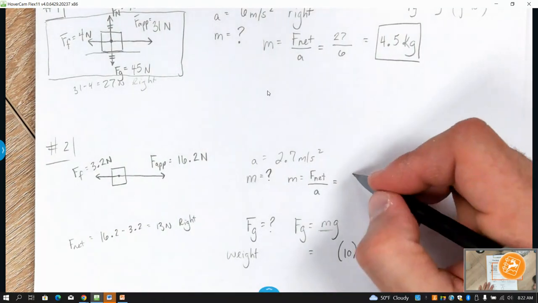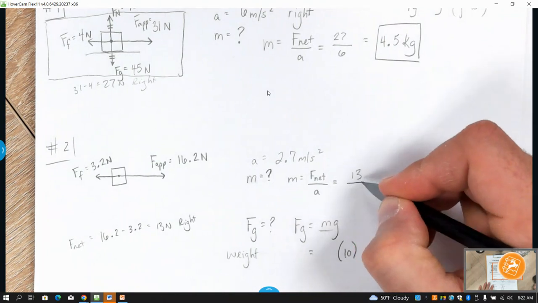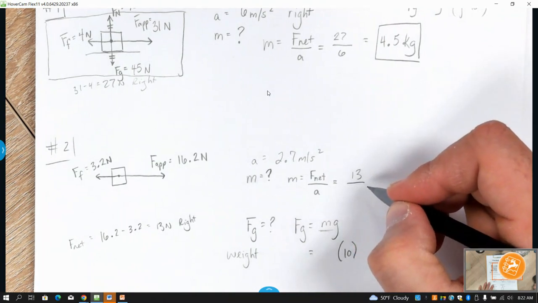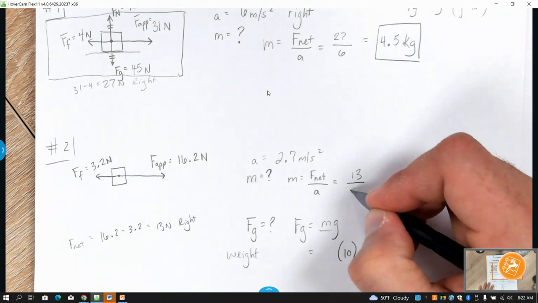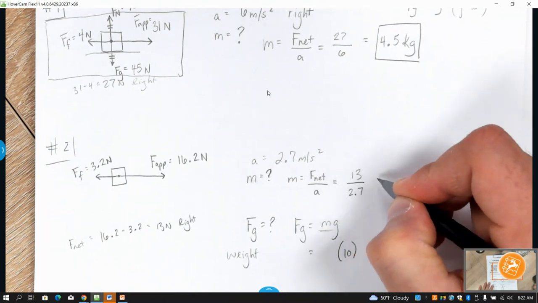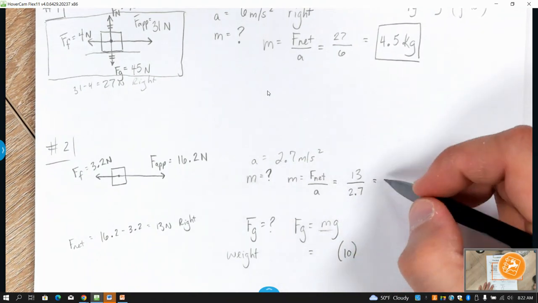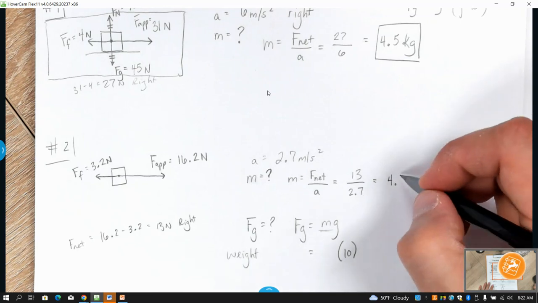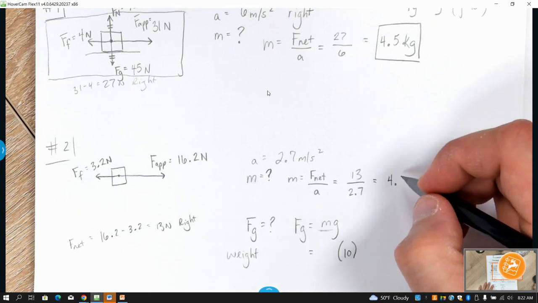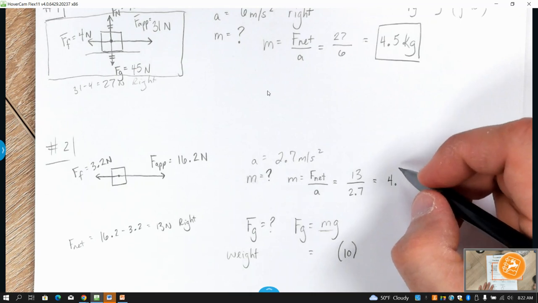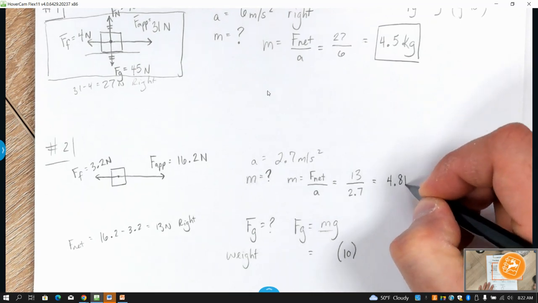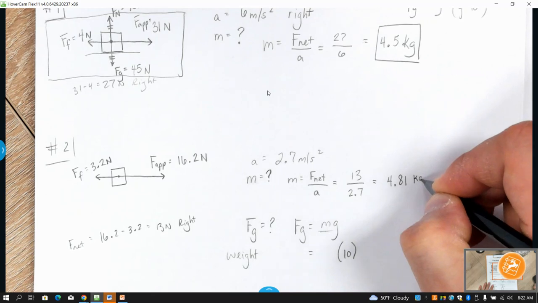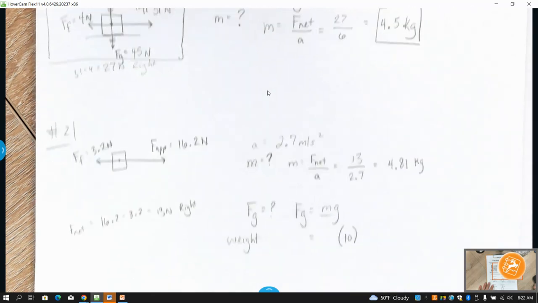So we're going to have 13 divided by an acceleration of 2.7, and we're going to get a value here of 4. It comes out to be 4.814, so we'll just call it 4.81 kilograms.